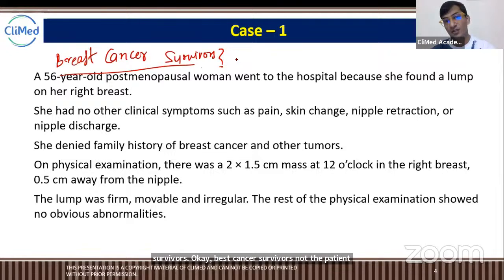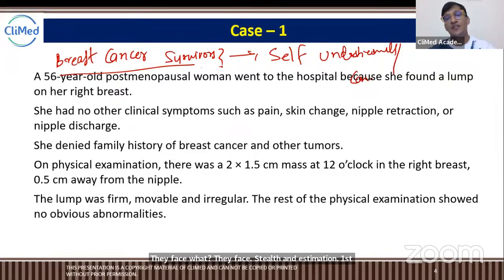And they face what? They face self underestimation. First of all, self underestimation and self consciousness, because there is no breast. In case of complete breast removal, there is no breast, right?